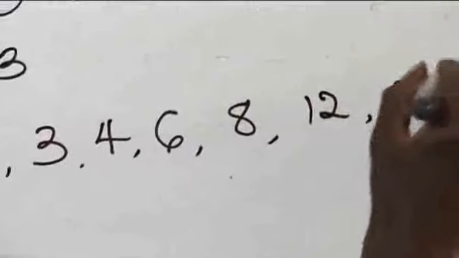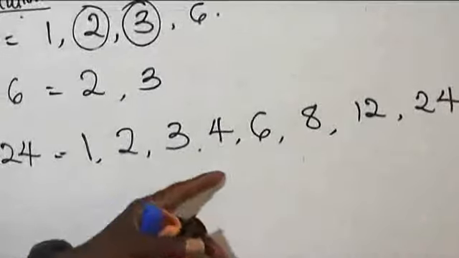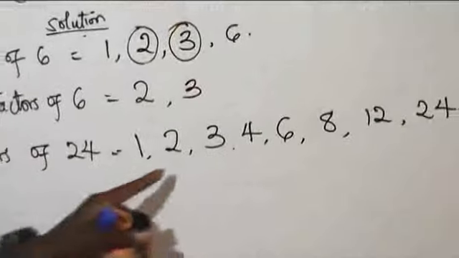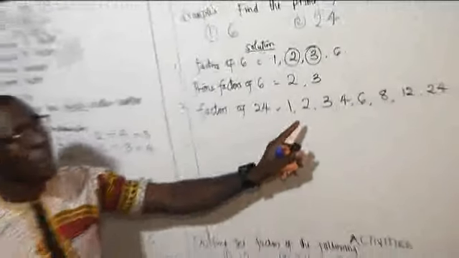Good. So out of all these factors, let's circle our prime numbers.